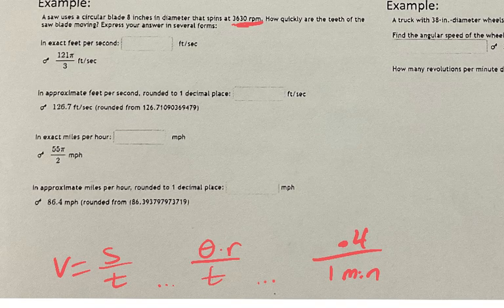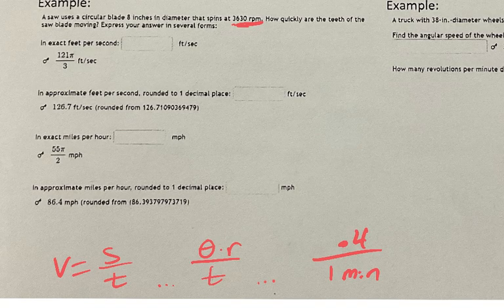If I did 1 revolution, what's my theta? 2 pi. 1 full revolution is 2 pi radians.